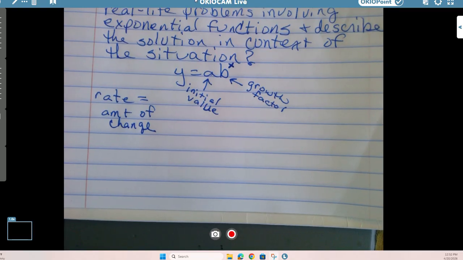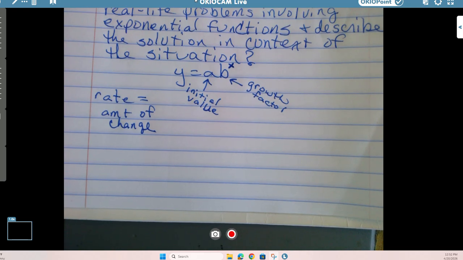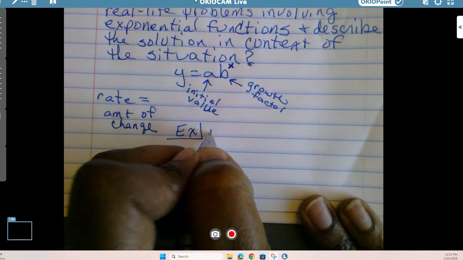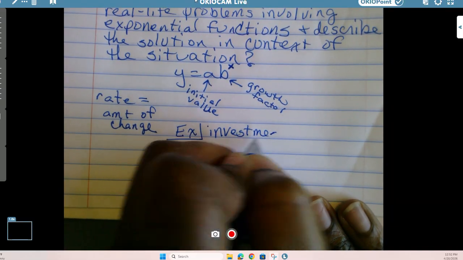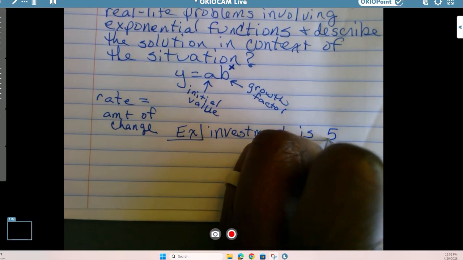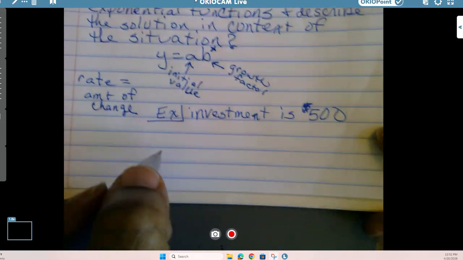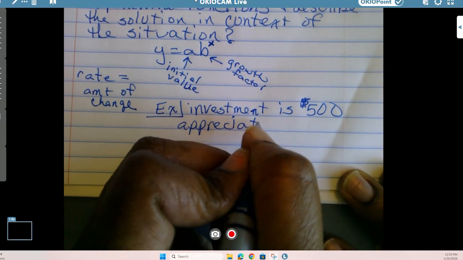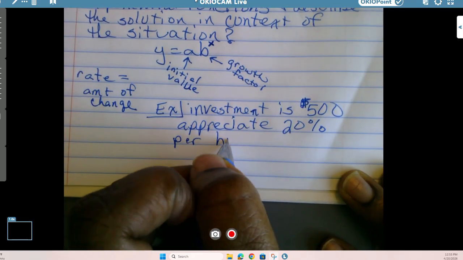So here's the example. The initial investment is $500, and it is going to appreciate 20% per hour.